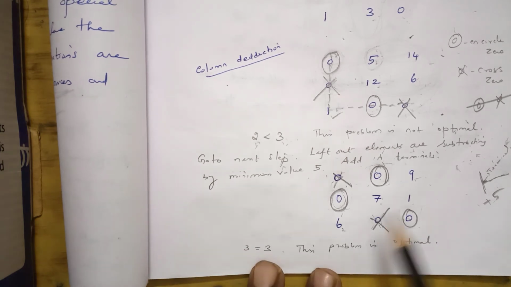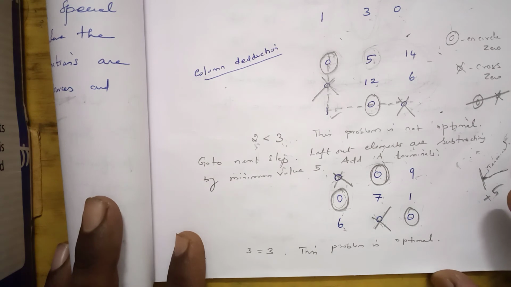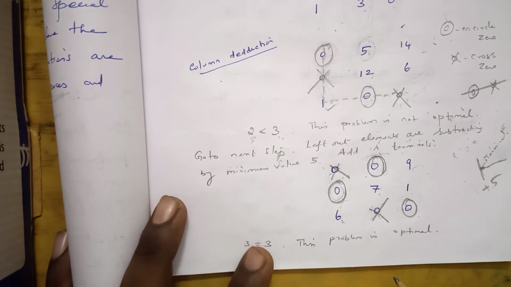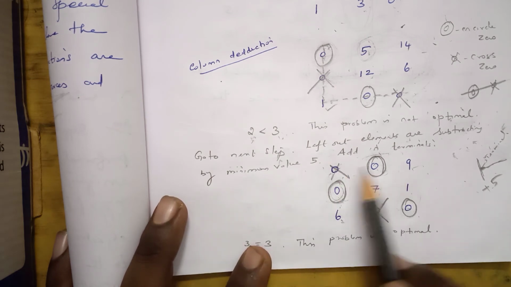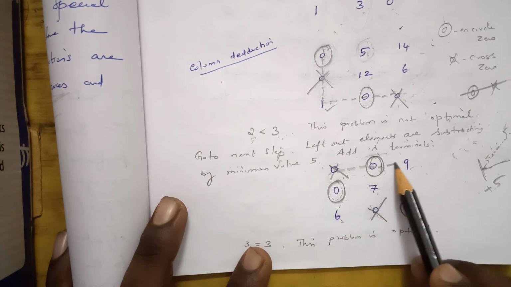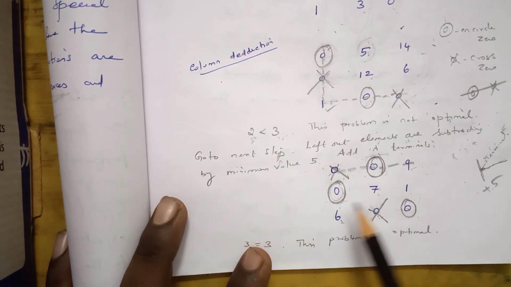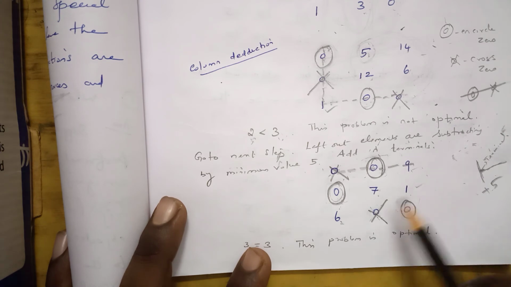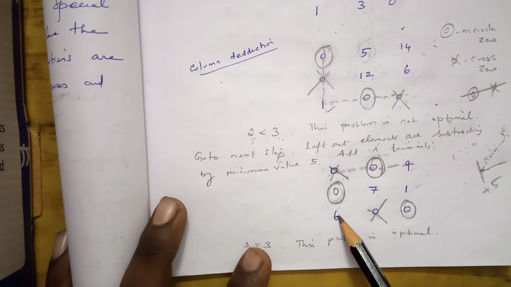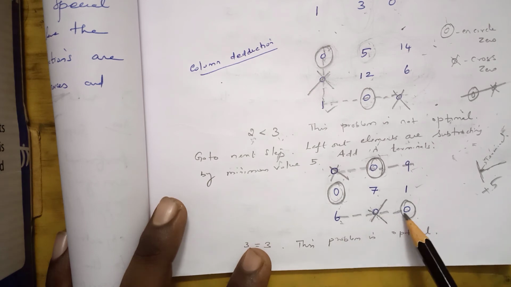In this problem, again we have to take a line through encircled as well as crossed 0. First we concentrate on encircled and crossed 0, so we take one dotted line. The second row is a single 0, leave it. For the third row, encircled and crossed 0, so we draw one dotted line.